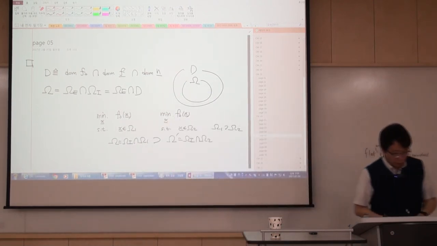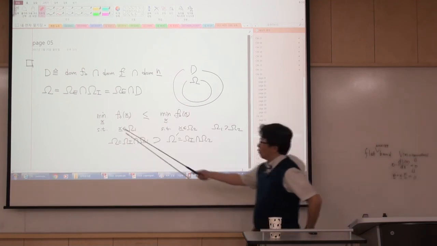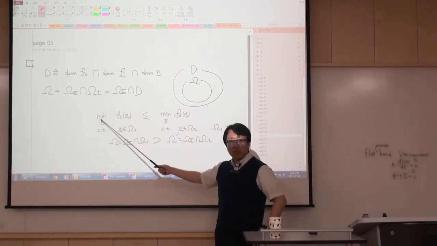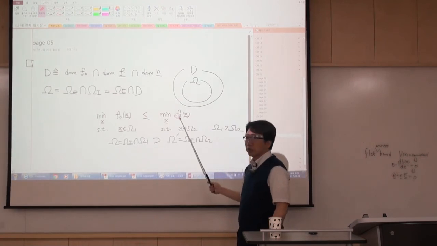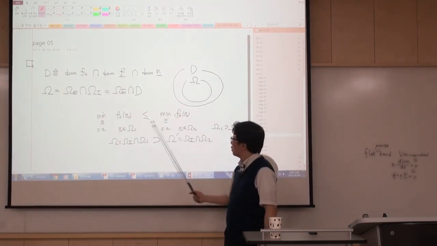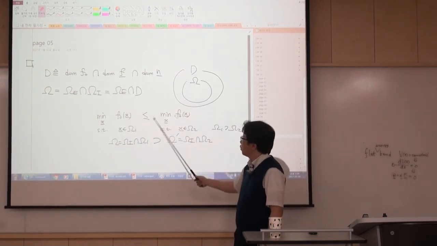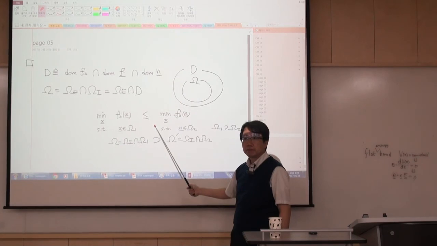So if you minimize, you have this. Got it? Right? If you minimize the same function, but now your constraint set is smaller, then you perform worse, right? Got it?